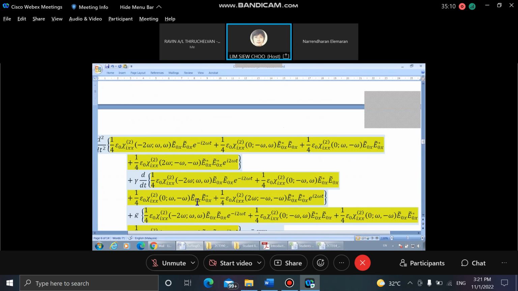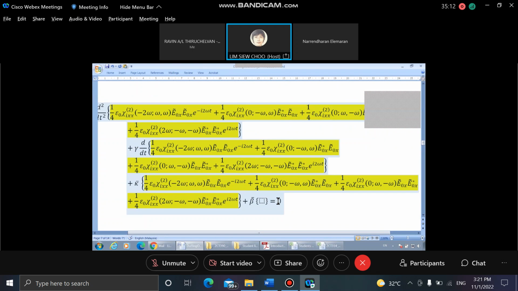For second order, the first order we already used, so it's no more first order. When a term is used, you never put it in anymore. This one is third order, it's not matched because here there are 2 fields, this one has 3 fields. So when you solve this, there is no source here. You can solve that all the chi IXX, with different arguments, will all be 0, right?